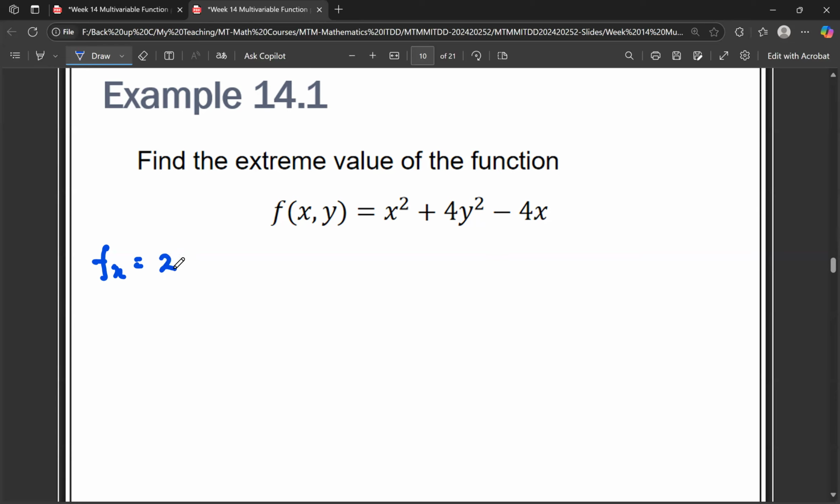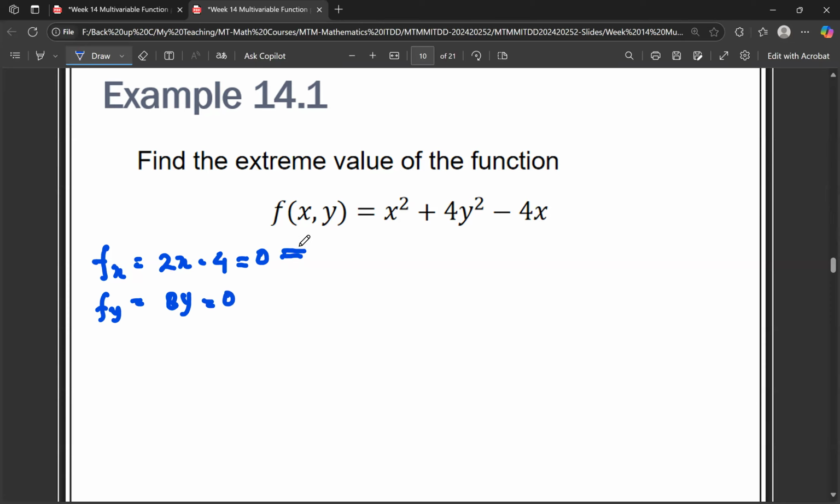We have fx equals 2x minus 4, and we must equalize this derivative to 0. fy will be 8y, and equalized to 0 also.